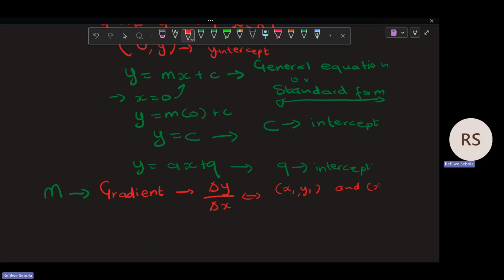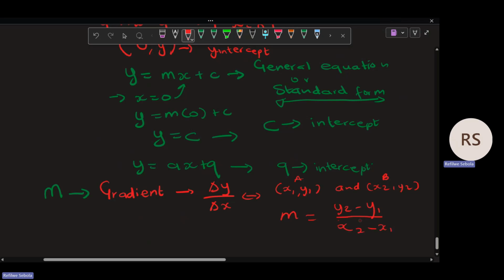If we have these 2 points, we can create our gradient as y2 minus y1 over x2 minus x1. So that is what we call a gradient. We use 2 points that are on the line to get our gradient.